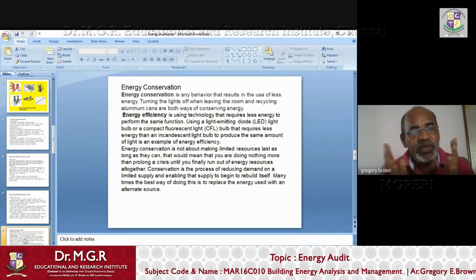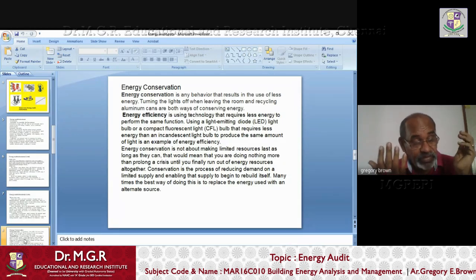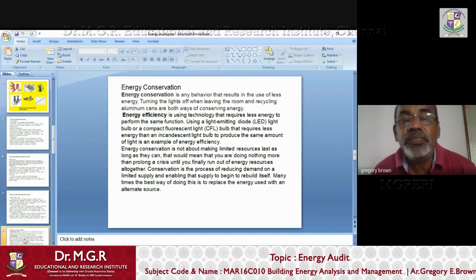You don't want to keep it running, because you're using energy continuously, and also you're feeling cold. So energy conservation is not about making limited resources last as long as they can.